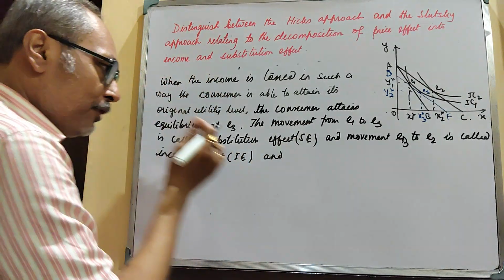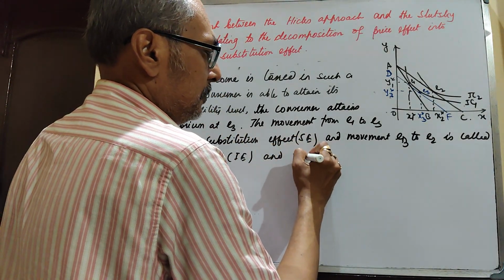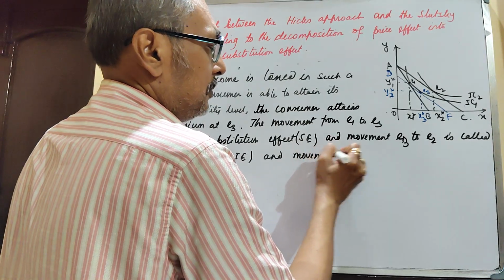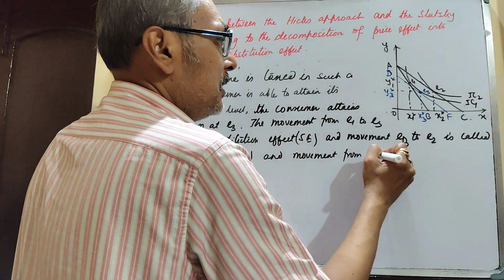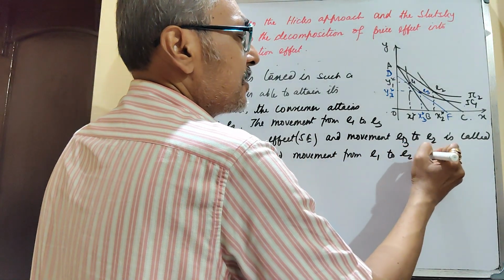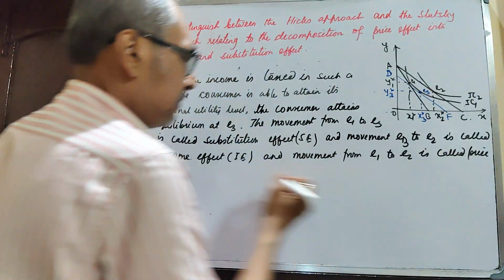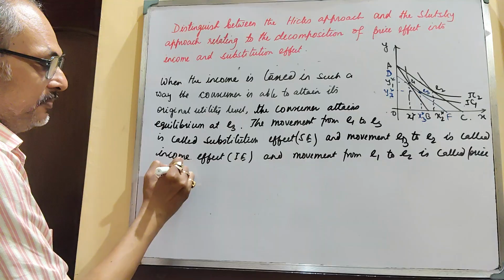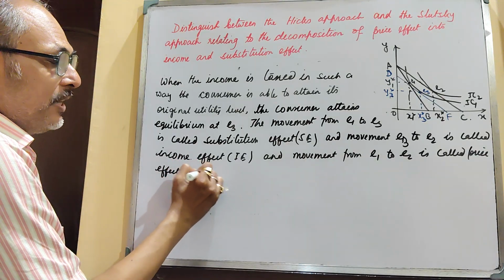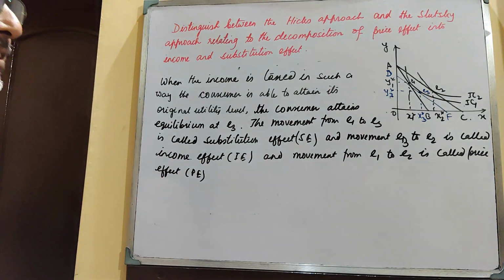And the movement from E1 to E2 is called price effect. According to Hicks, the consumer is able to attain the original IC.